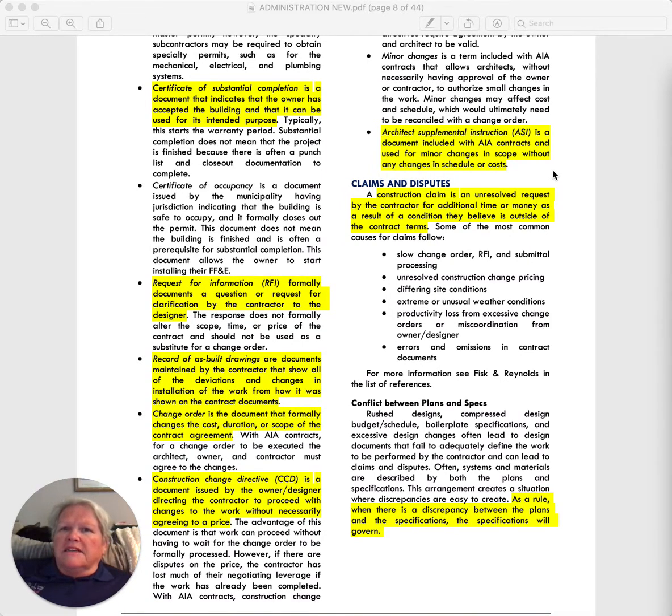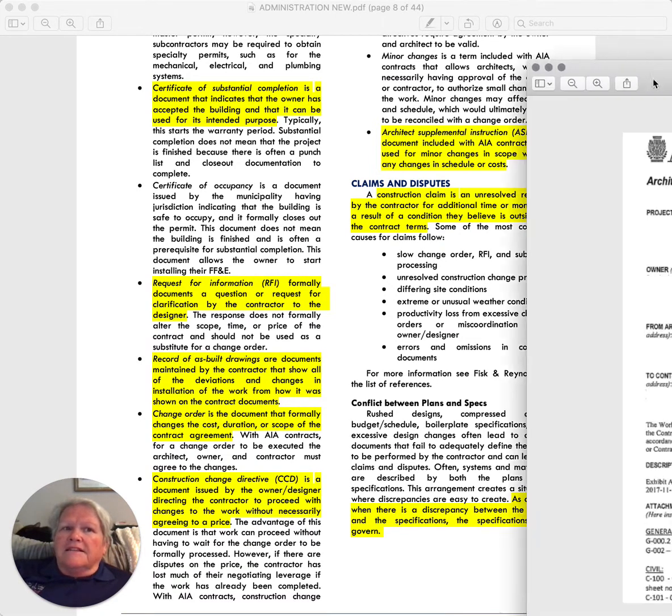ASI, Architectural Supplemental Instruction. It is a document supposedly to issue minor changes in the scope of work without affecting cost or schedule.